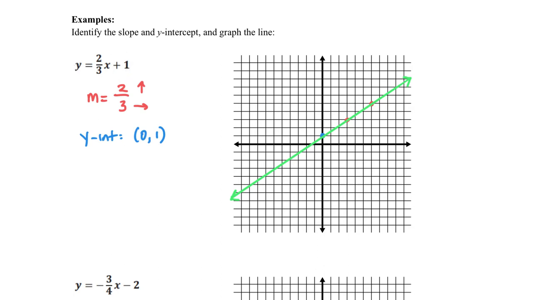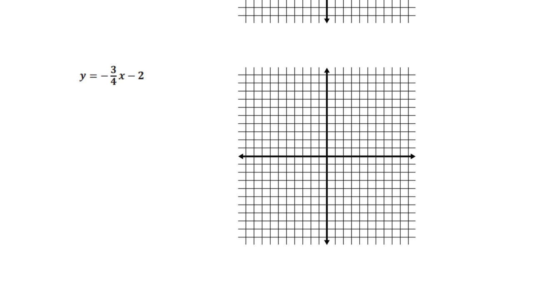Okay, let's do another one. Again, we start by identifying our slope and our y-intercept. In this case, our slope is -3/4, which tells us to go down and to the right.